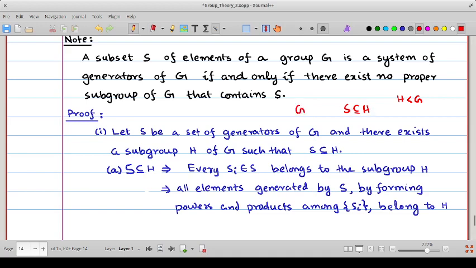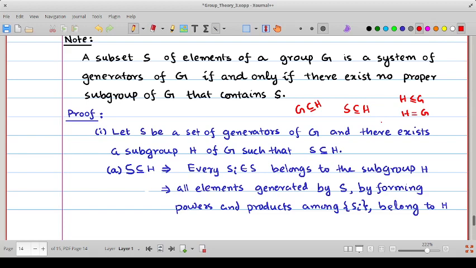So that means G should be a subset of H. But we have already said that H is a subgroup of G. So these two statements, that G is a subset of H and H is a subgroup of G, can be true only if H is equal to G.